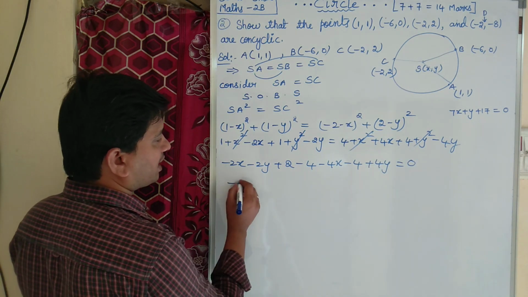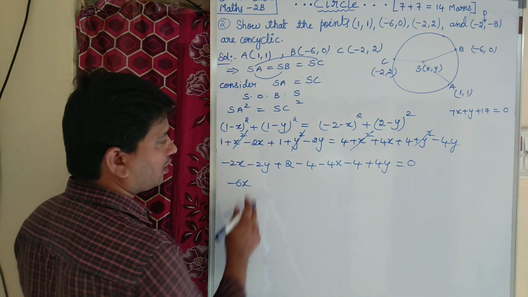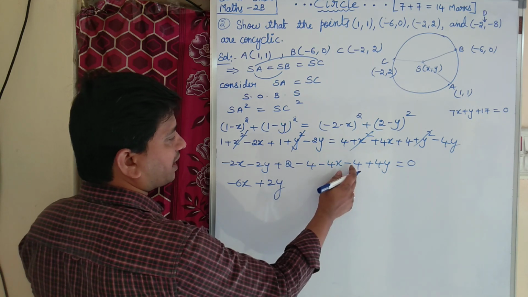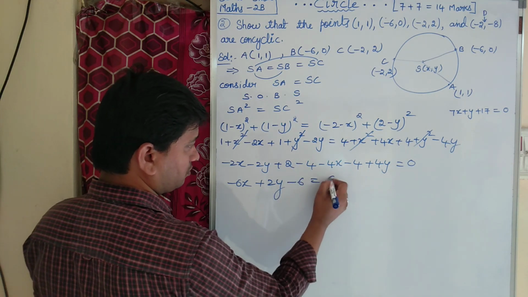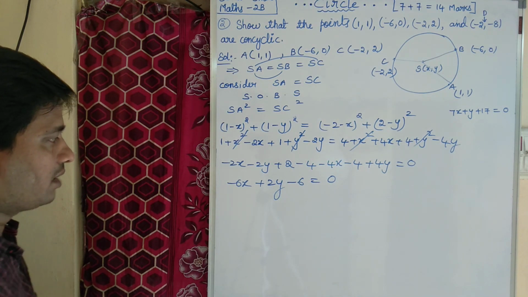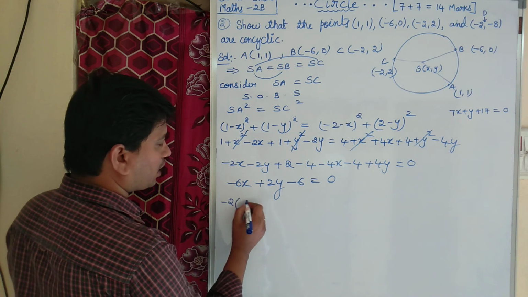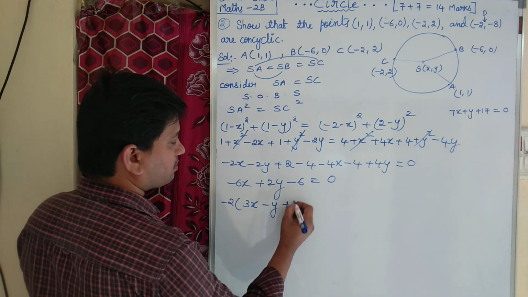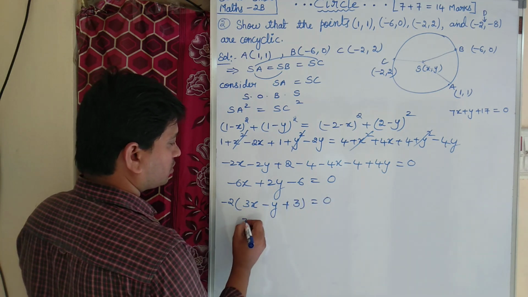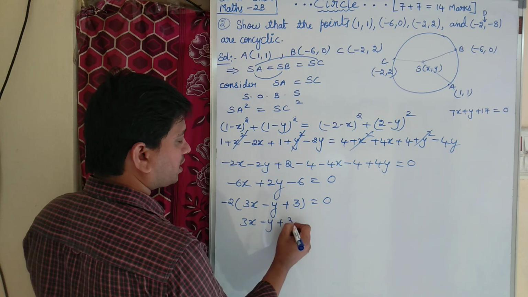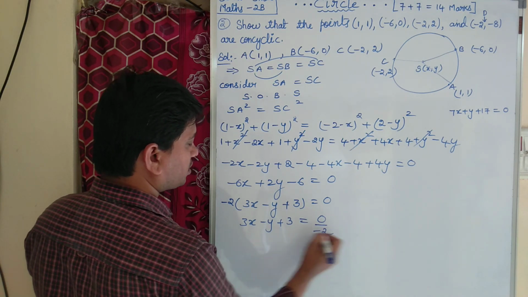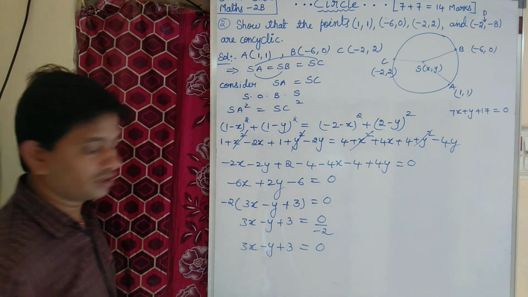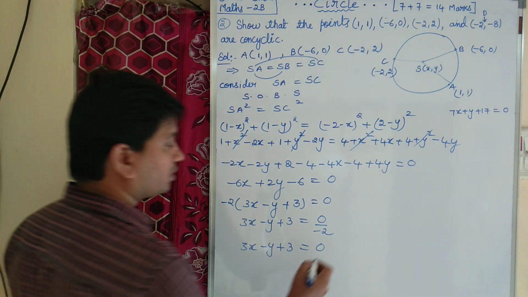Minus 2x minus 4x is minus 6x, minus 2y plus 4y is plus 2y, and 2 minus 4 minus 4 is minus 6. They are multiples of 2, so let us take minus 2 common. So 3x minus y plus 3 equal to 0. That is our equation number 2.